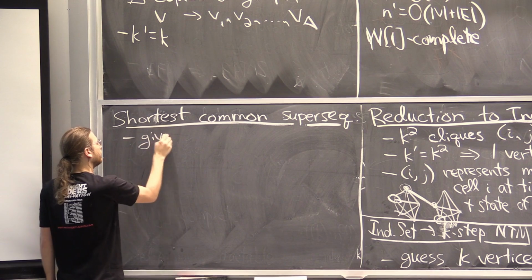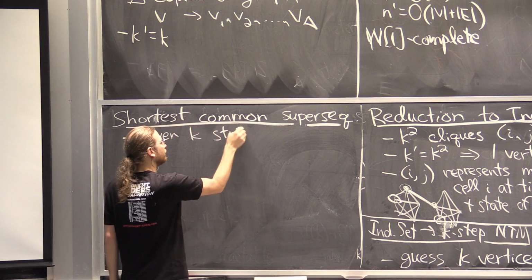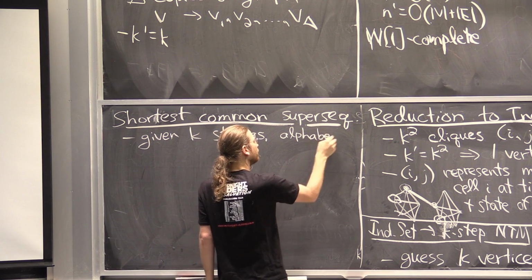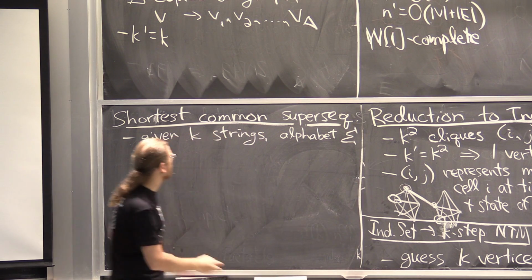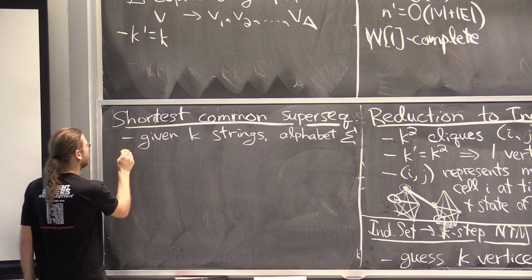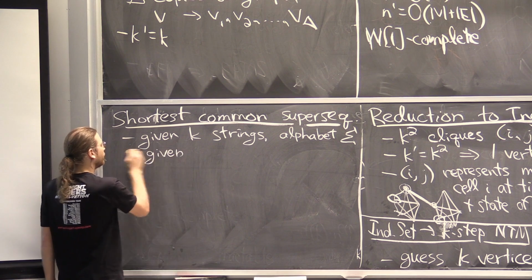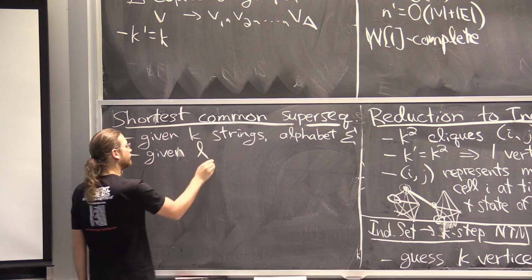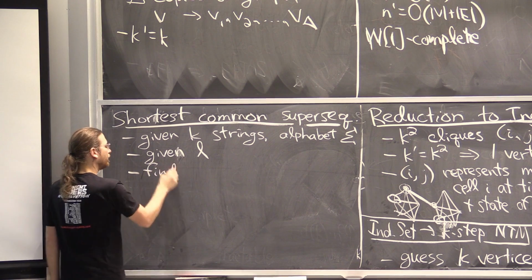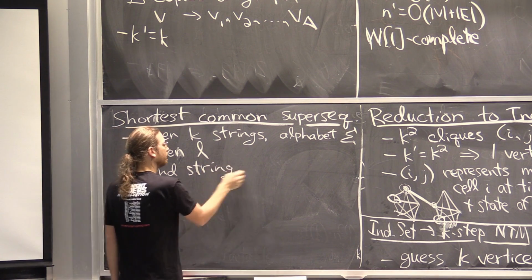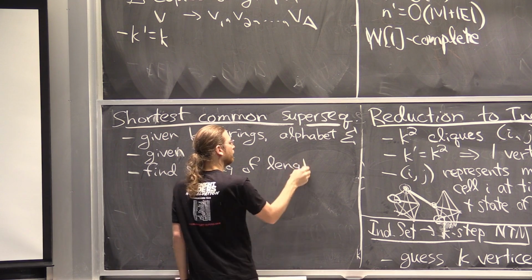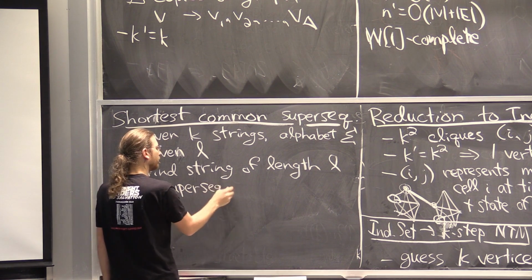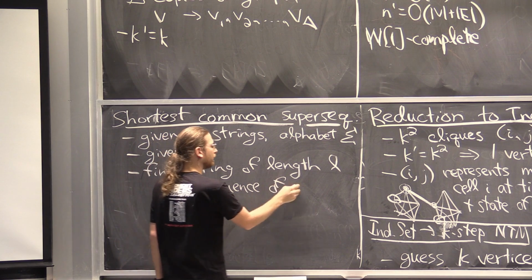You're given k strings, let's say over alphabet sigma, and yes, you're given a number, which I'm going to write L. You want to find a string of length L that's a supersequence of all the input strings.